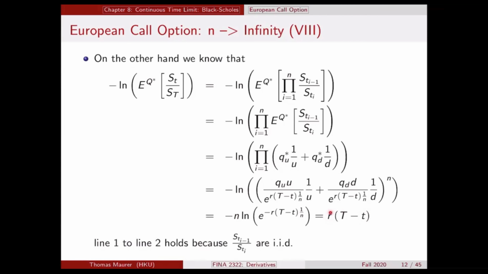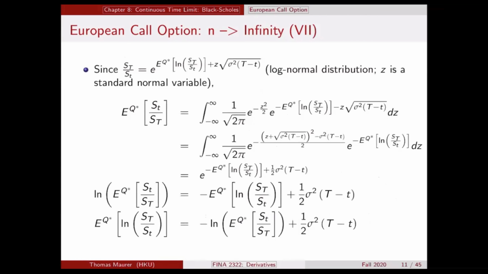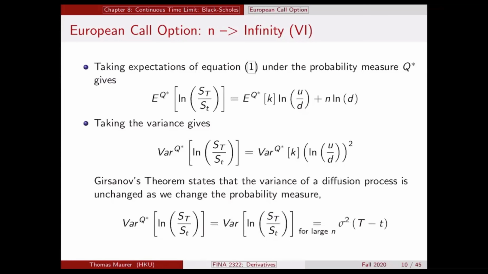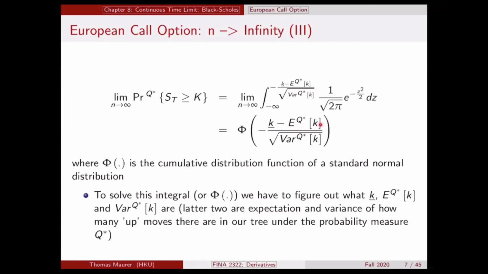What do we use this for? Well, this thing here, we can now plug it in here to get an expression for our expectation of that log return, and this thing we needed to plug into here to get an expression for what's the expectation of k under q star, so that we can then take this thing and plug it in here.